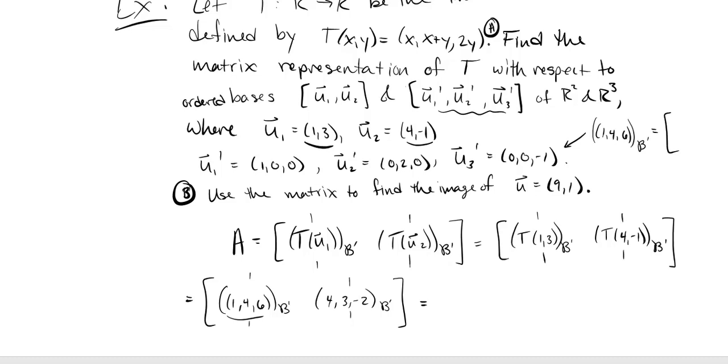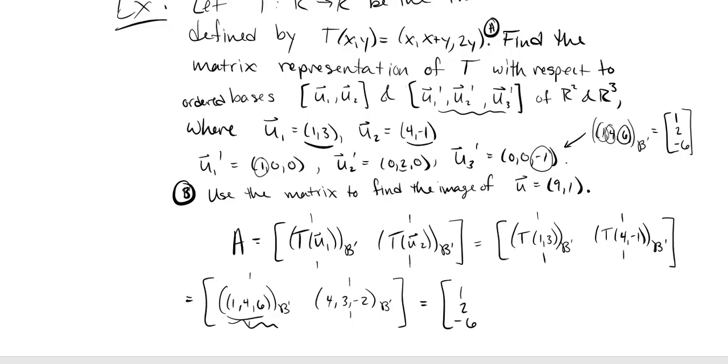It looks like we would need 1 copy of u1 prime, 2 copies of u2 prime, and negative 6 copies of u3 prime to make up that 6 there. So we have our coordinates, 1, 2, negative 6. That's this guy.